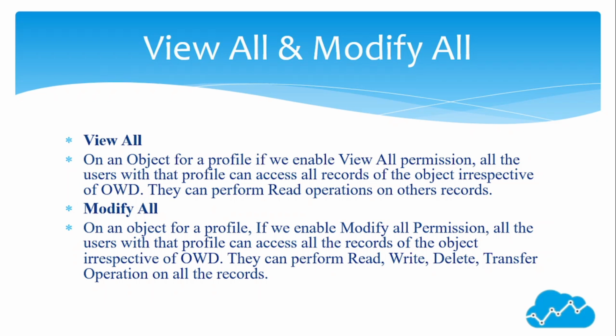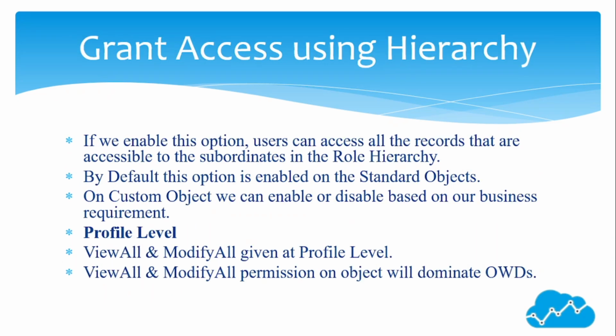Modify all: on an object for a profile, if we enable modify all permission, all the users with that profile can access all the records on the object irrespective of OWD. They can perform read, write, delete, transfer operations on all the records.